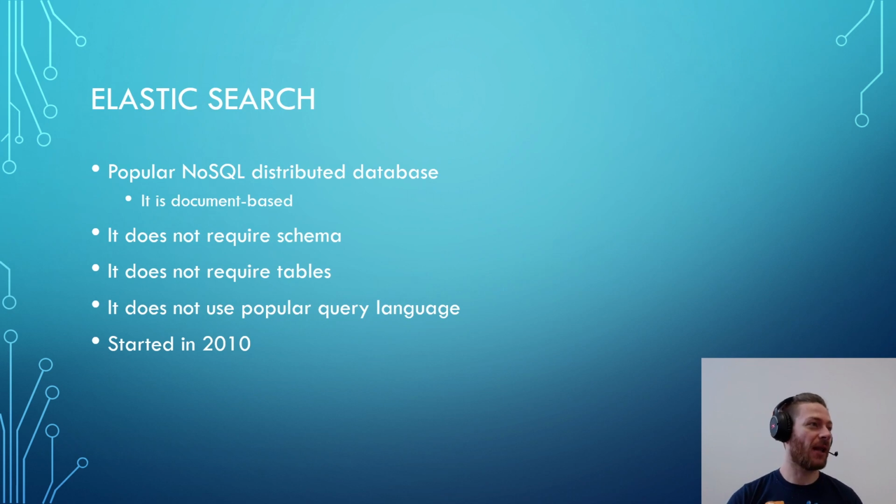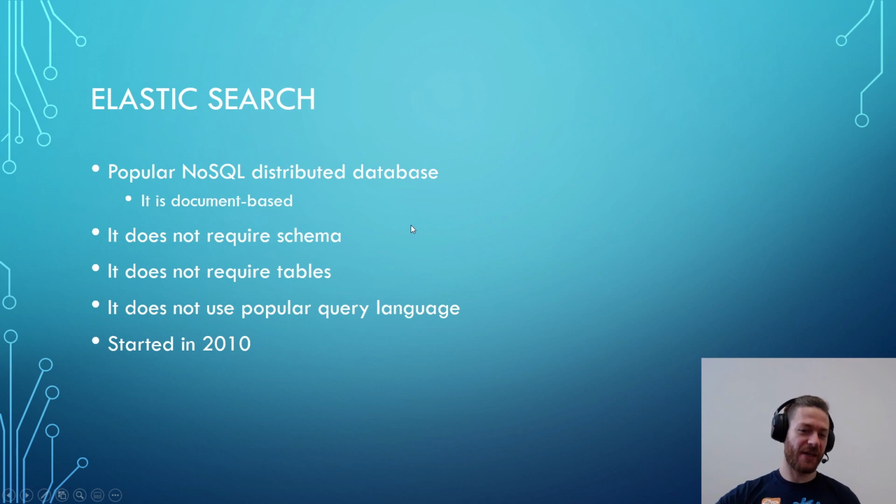Of course, there are a lot of tiny little details that are important. We are going to cover them, but most importantly, it's not a SQL database. It doesn't have tables. It doesn't have any schema. Of course, you can specify a schema if you want to use it like this, but it's not required.